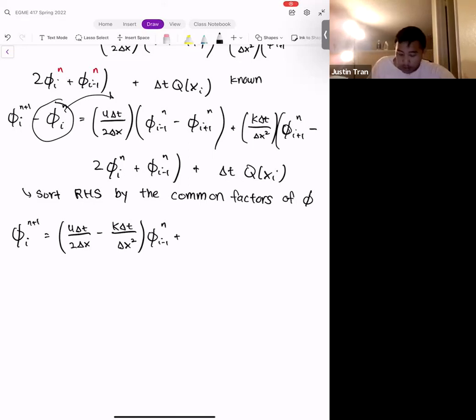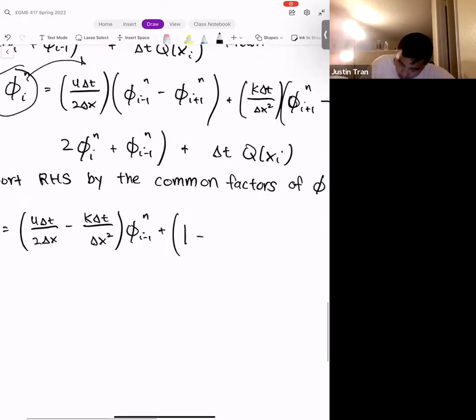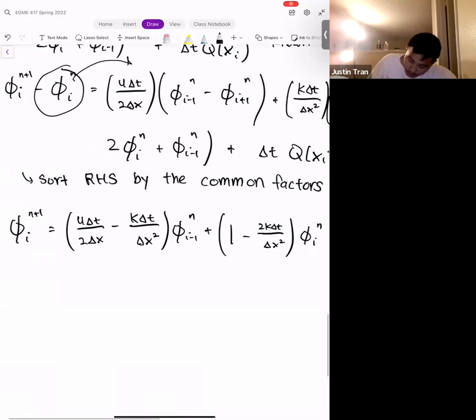Next, I'm going to write out the coefficient for phi i. First thing we have here is a 1, because the 1 is coming from the left-hand side. Then we have a minus 2 k delta t divided by delta x squared, times phi i at n. And to this, we're going to add our phi i plus 1 at n term.